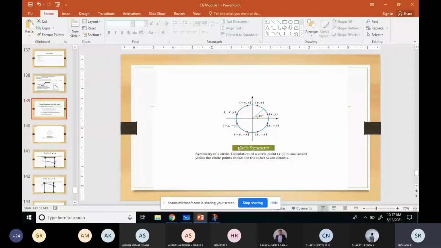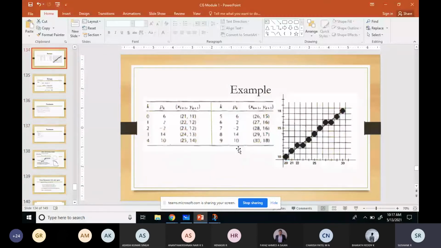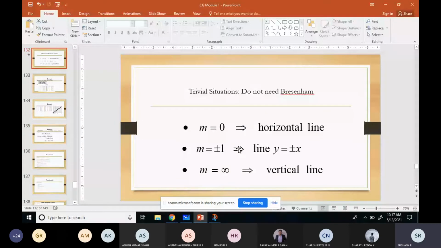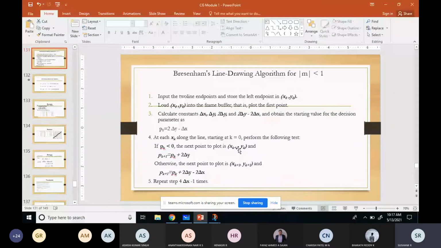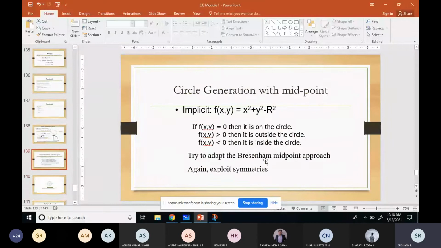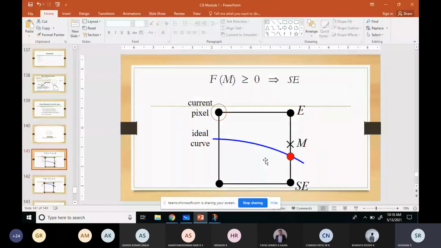The same thing is getting repeated, but here you are talking about the curve, so in terms of points called E and SC. Greater than 0, you are selecting SC.